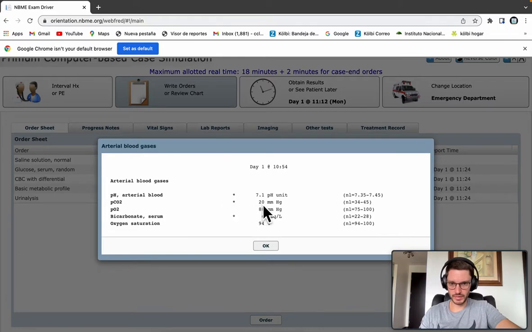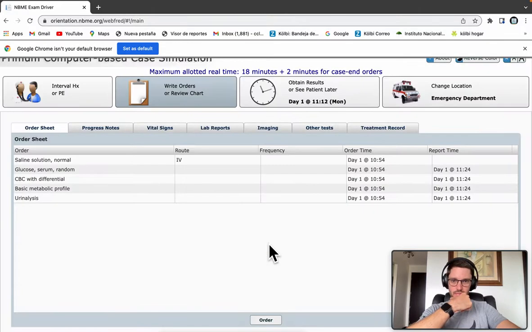7.1 pH, PCO2 is 20, PO2 is okay, bicarbonate is 6, oxygen saturation is 94. So she has metabolic alkalosis, no, metabolic acidosis, right? And she also has respiratory compensation, which is partial. That's why we are mainly acidotic. Okay, so we're not giving bicarbonate. That doesn't make any sense right now, and won't do harm, but it won't.